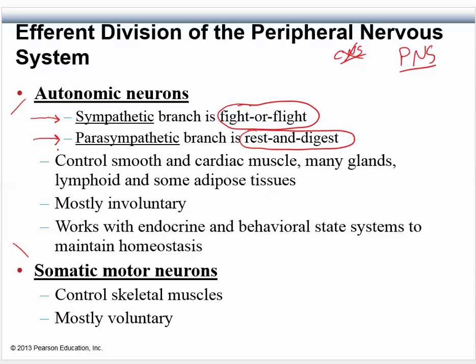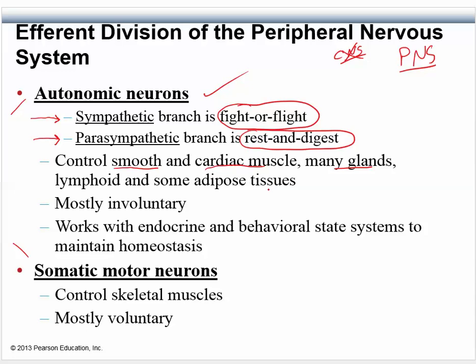All right, so we're going to start out talking about the autonomic nervous system. What that does is it controls smooth muscle. Now, smooth muscle is something you don't have conscious control over, so it fits that criterion. It's automatic. And also cardiac muscle and glands. You can't just decide you want to squirt sweat out of your glands.